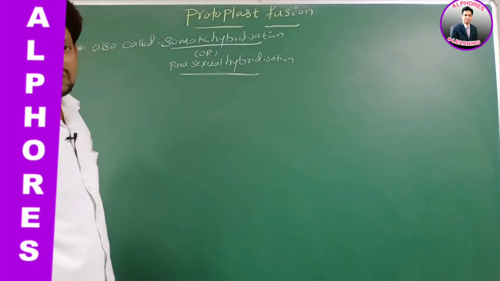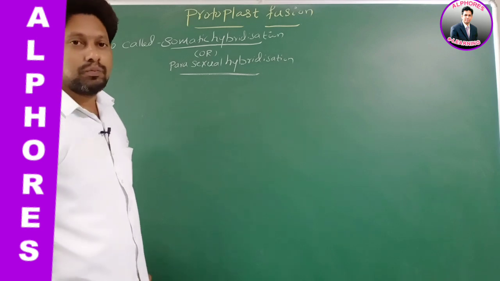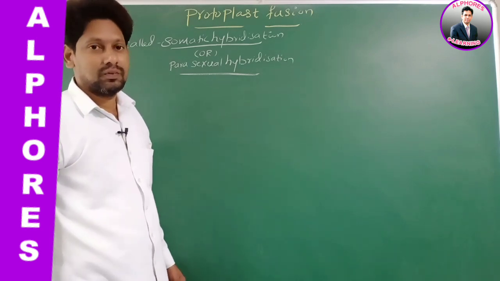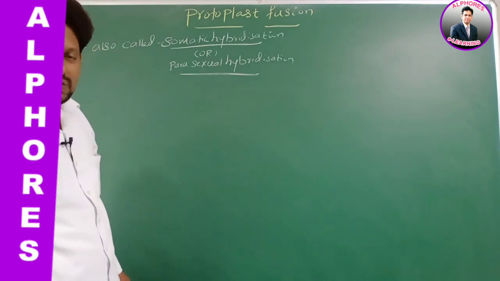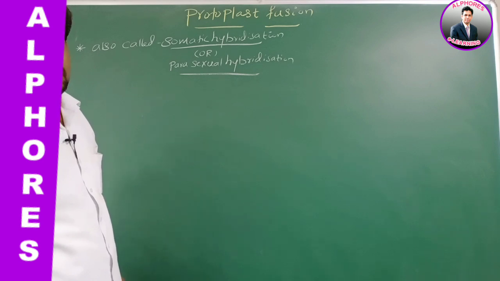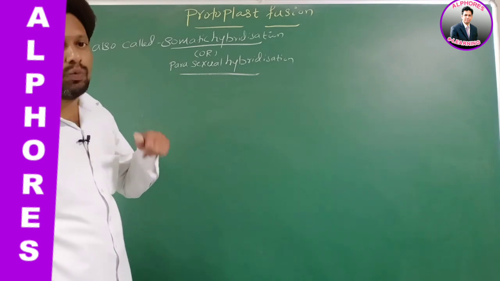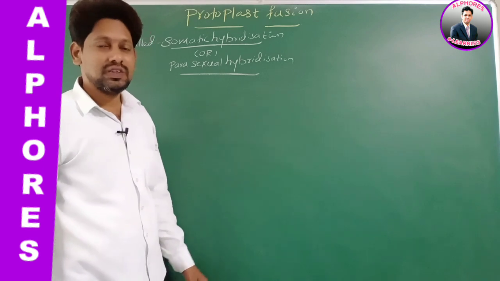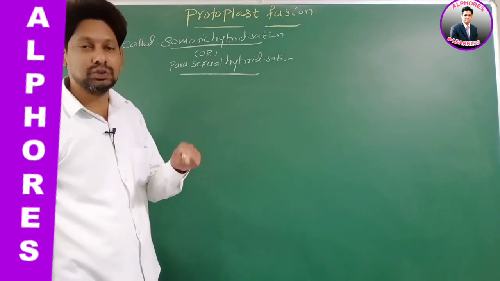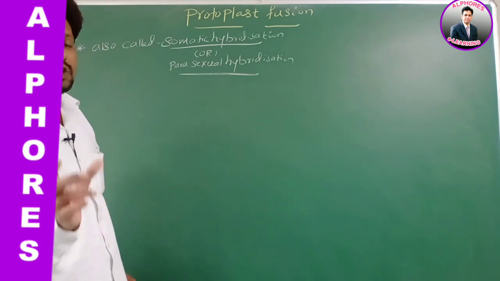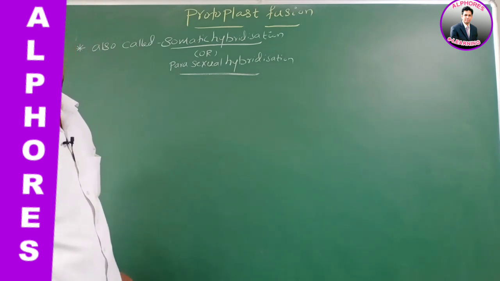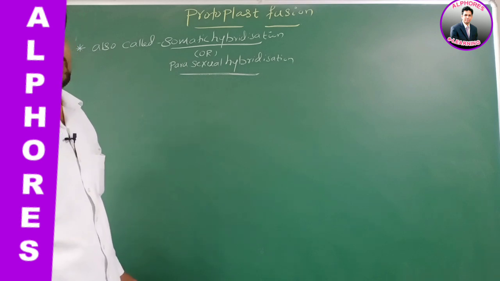Now listen here. From plants, plant cells are isolated. Sir, plant cell contains a cell wall, yes or no? This cell wall prevents the fusion of these two isolated cells.